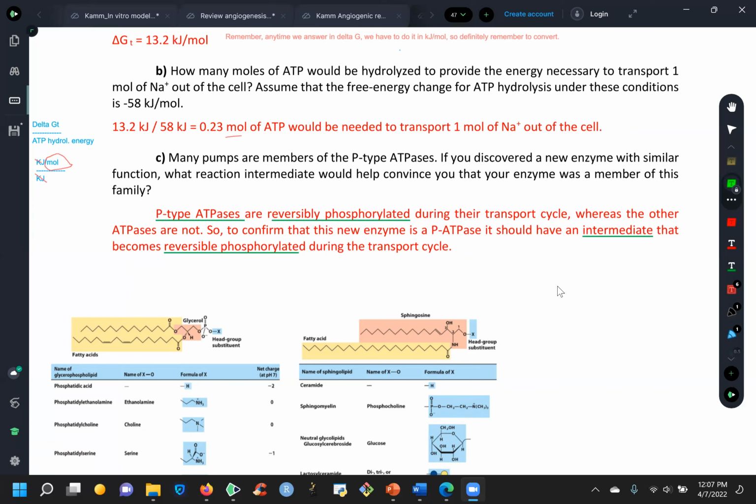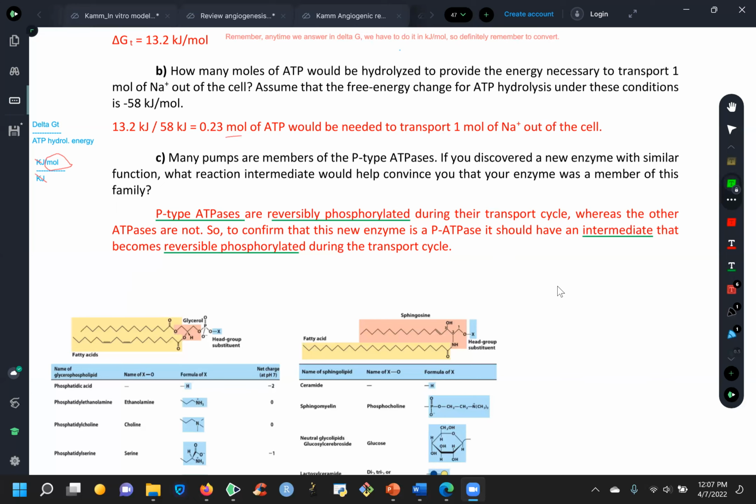They're asking how many moles of ATP would have to be hydrolyzed to provide the energy necessary to transport 1 mole of sodium out of the cell. We just figured out that it costs 13.2 kilojoules to transport 1 mole, and we receive 58 kilojoules for 1 ATP hydrolysis.